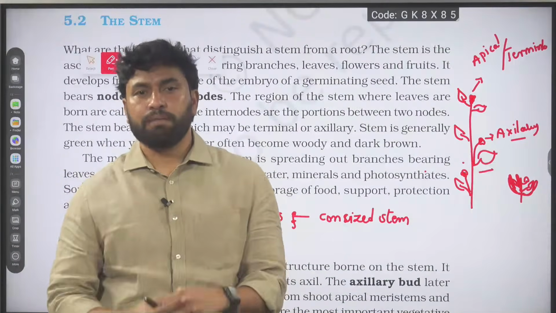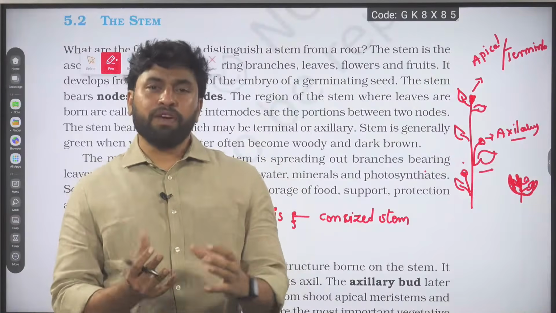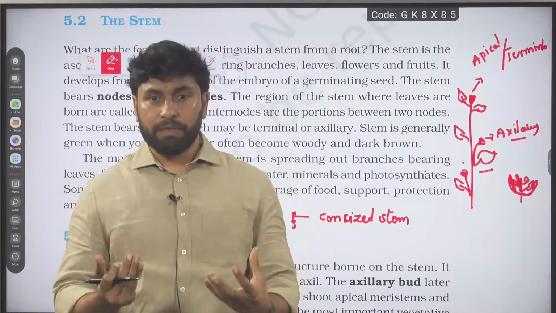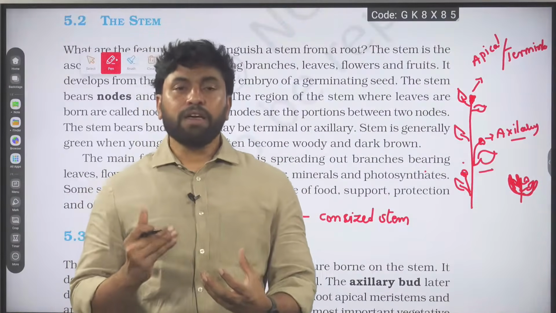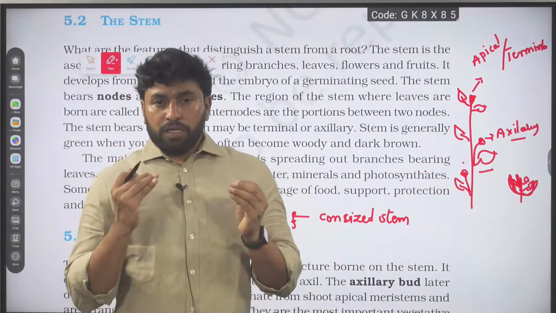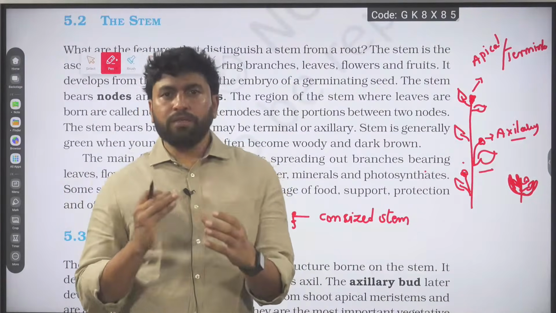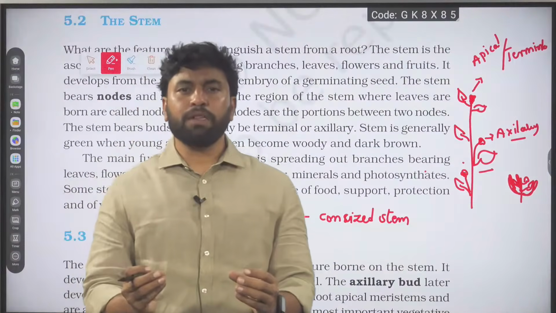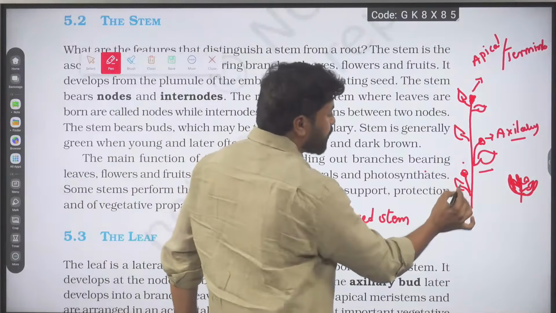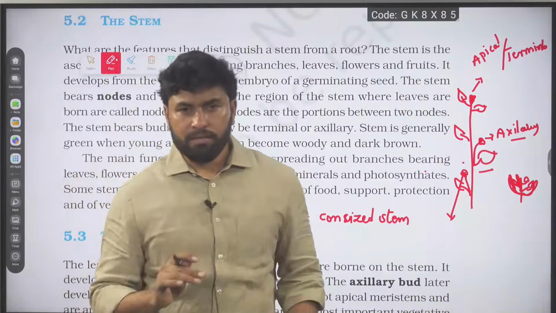Be careful. Bud can be developed in the form of a branch, it can be developed in the form of a flower, because flower is also a kind of modified shoot. In certain cases during the growth of reproduction, a shoot would be developed in the form of flower from its axillary bud. Is it clear? It has been mentioned here and there.